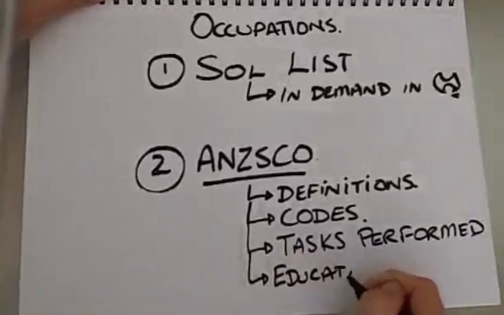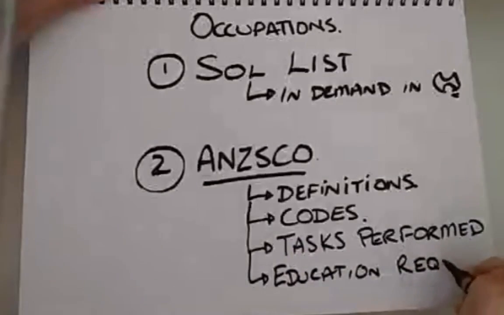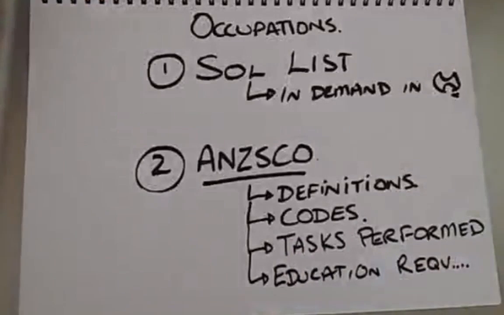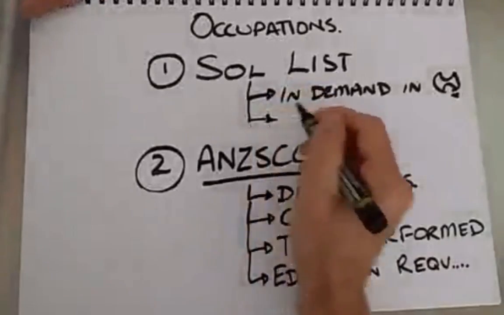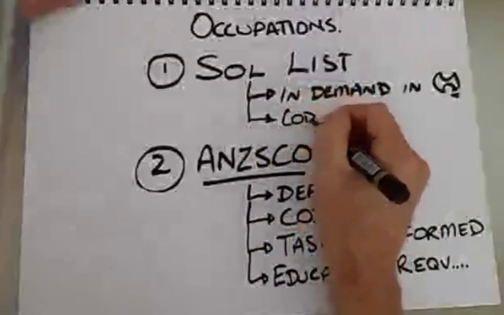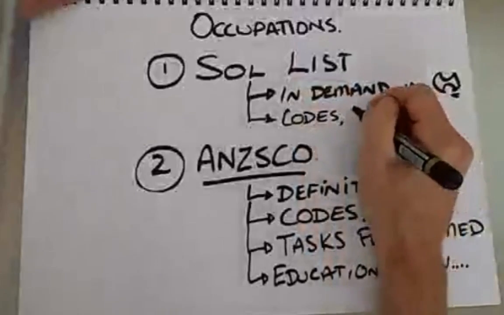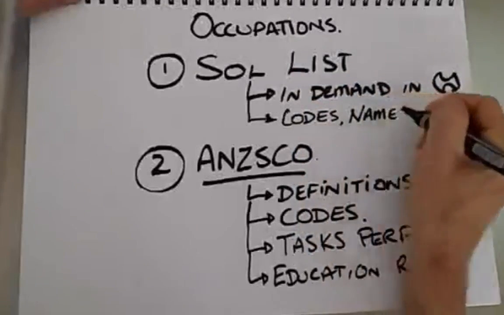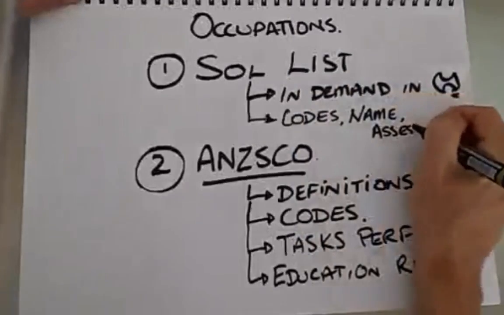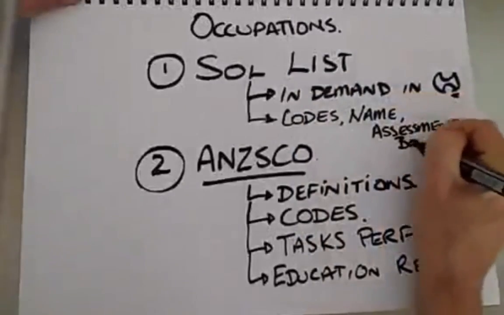It also provides the education required to satisfy the classification of these occupations. In the SOL list, these ANZSCO codes, the name of the occupation, and also a reference to the assessment body are in the SOL list, which is in that link below.